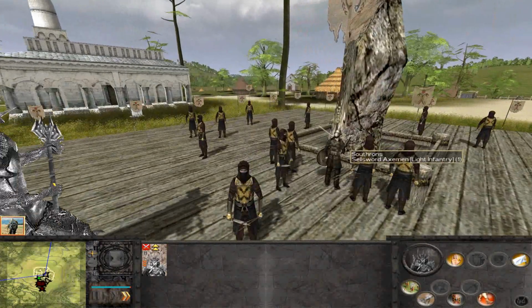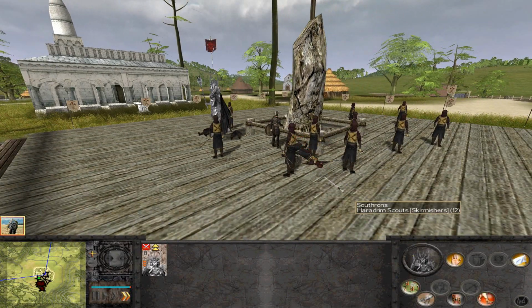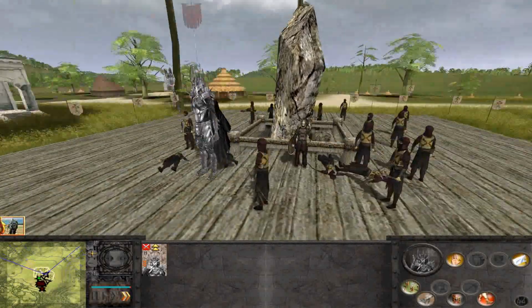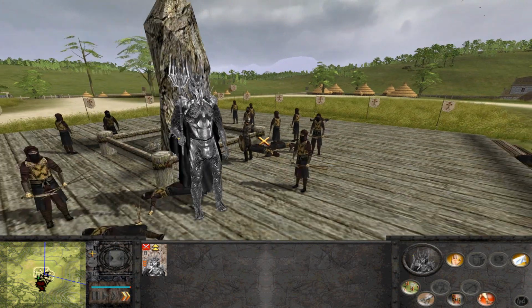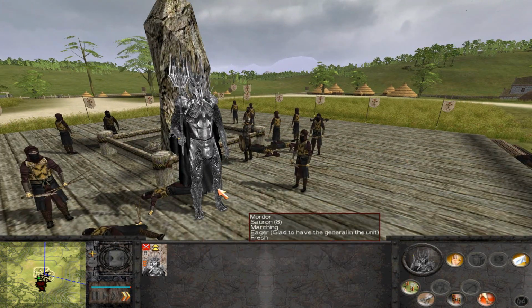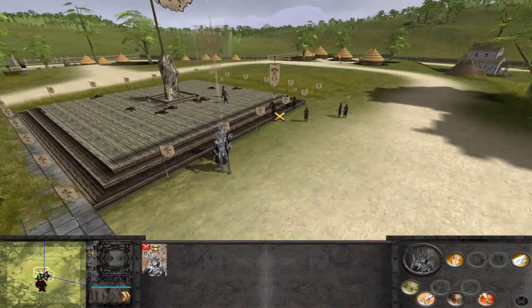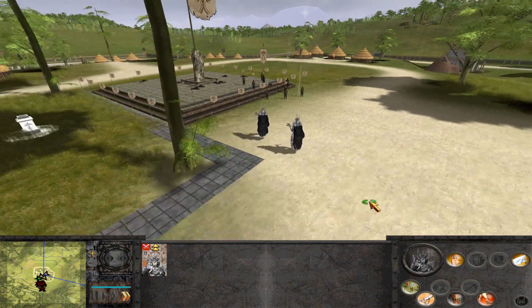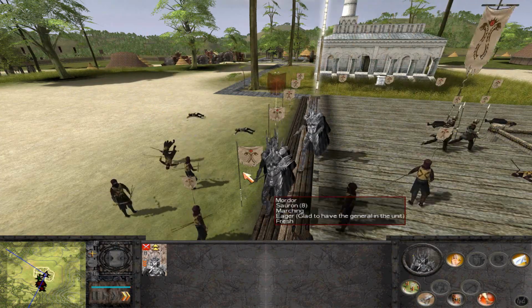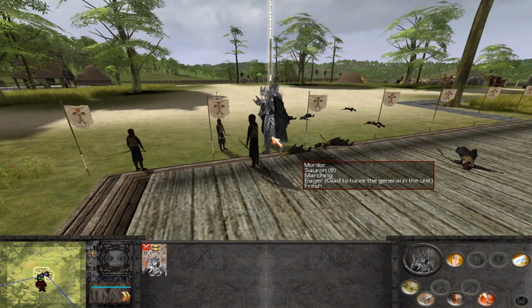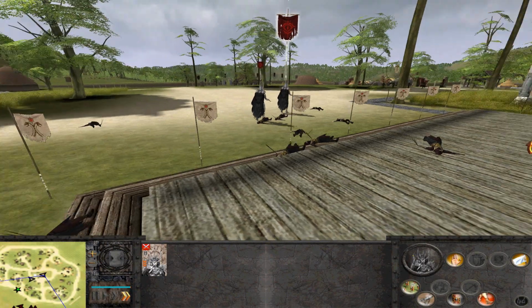They might kill Sauron. We have two at least. Don't move away. They can fire their javelins. Our ally is doing nothing.